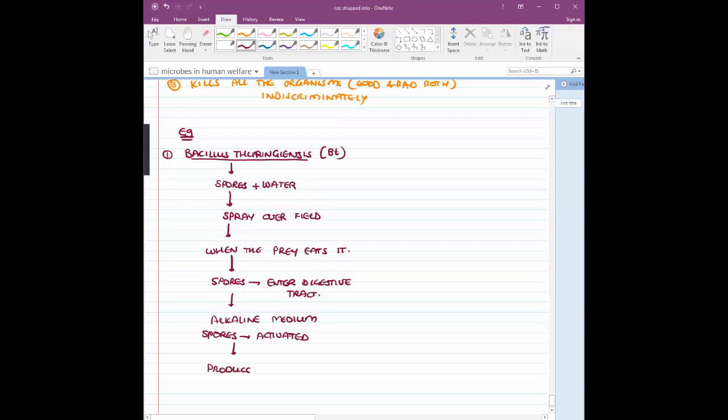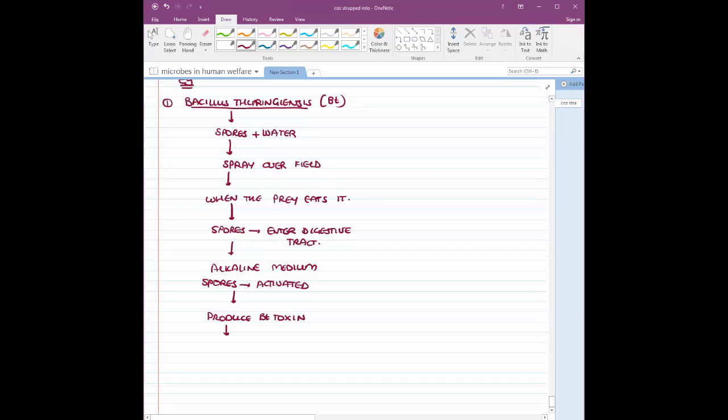And now, guys, the moment the spores are activated, they are going to produce something which is called Bt toxin. But now, what is this toxin going to do, guys? The moment it is produced, it is going to bring about inflammation of your intestines.